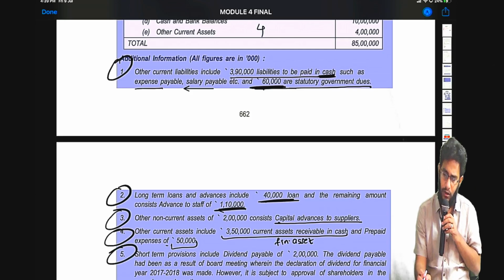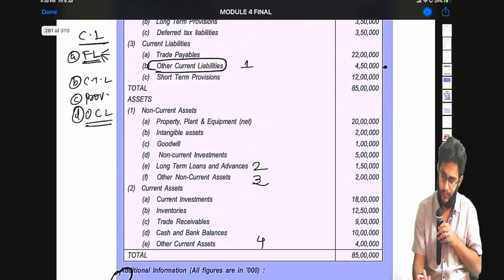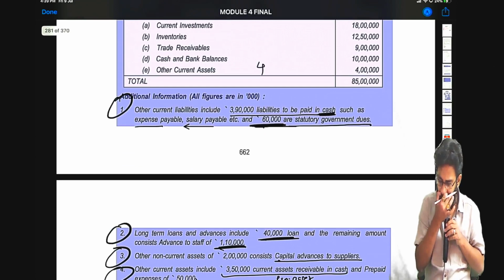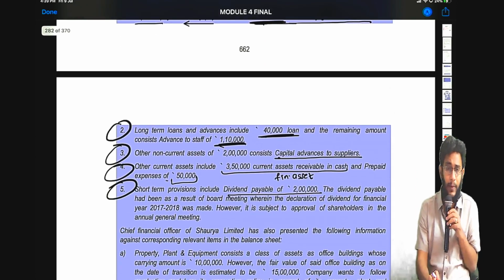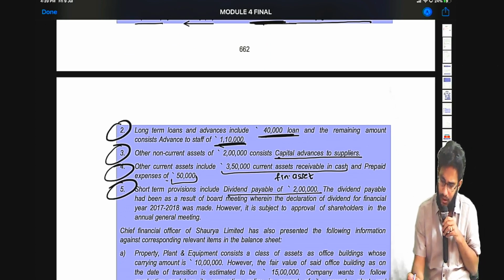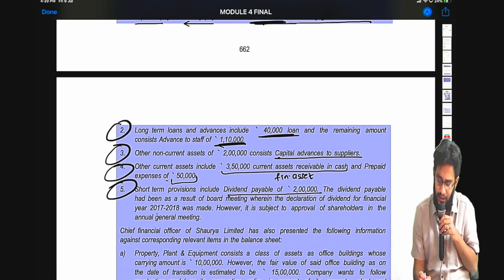Next, short-term provisions include dividend payable of rupees 2 lakhs. Wait there. So this one. This is note point 5. The 2 lakh rupees dividend payable is there. The dividend payable had been as a result of a board meeting wherein the declaration of dividend for the financial year 2017-18 was made.